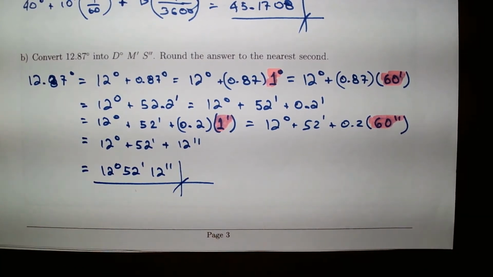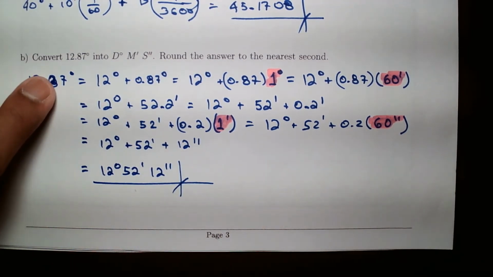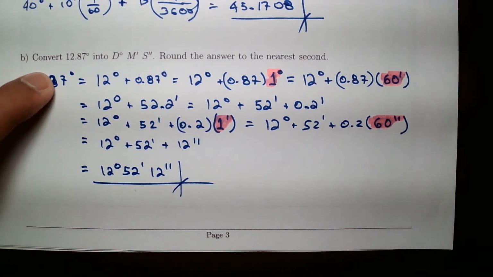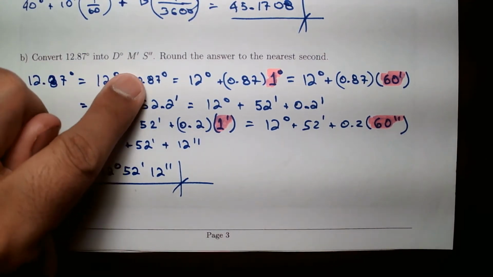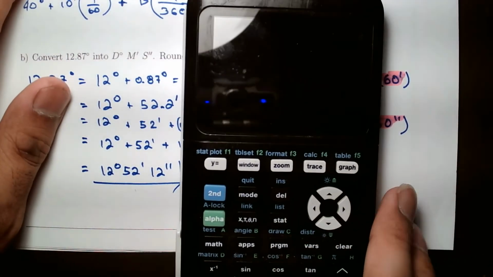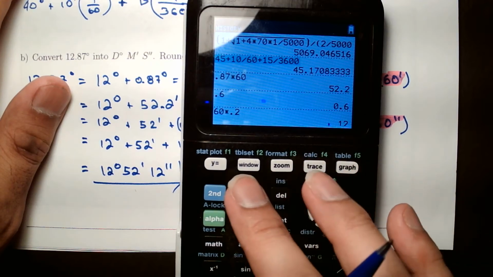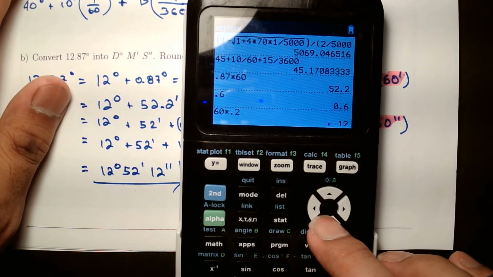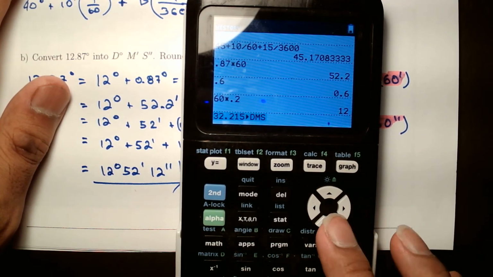You might wonder, can we do this using our graphing calculator? Of course we can. Let me do part B first and convert these decimals into DMS. Let me clear this.